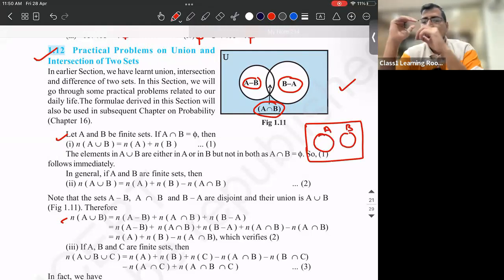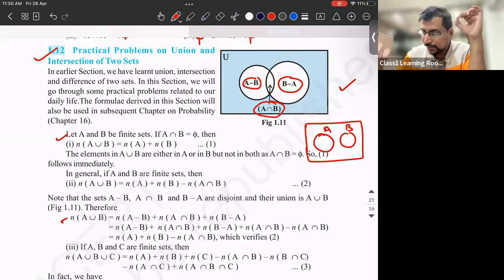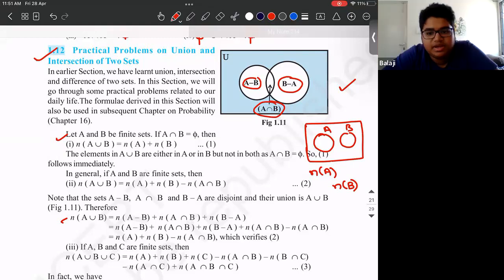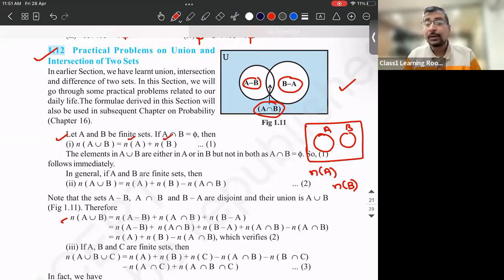The number of elements in A is n of A. The number of elements in B is n of B. If I do the A union B part, how many elements will A union B have? n of A plus n of B, because they are disjoint sets.